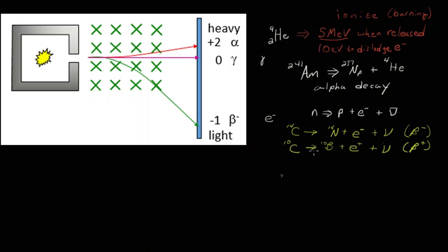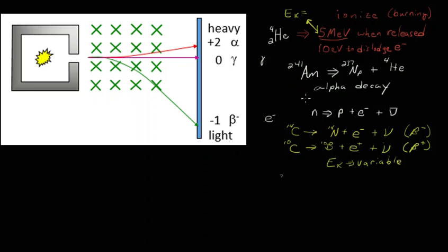Okay, but what they noticed was that these electrons, or anti-electrons, came off with a different energy. Kinetic energy was variable, whereas the energy for the alpha particles was always 5 mega electron volts.